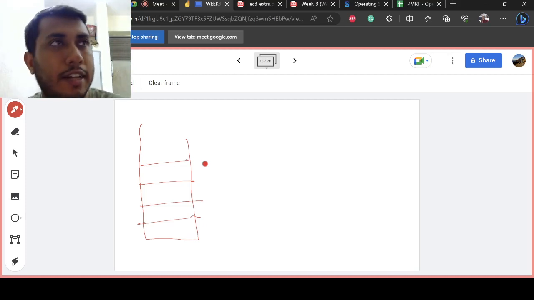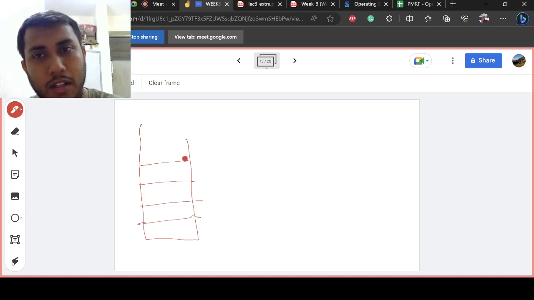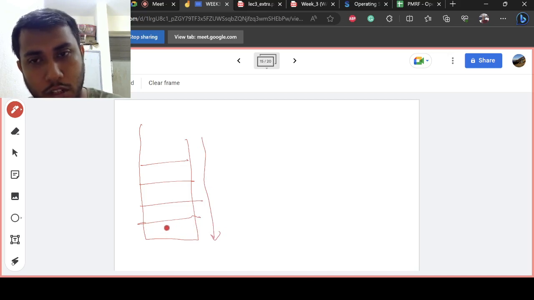A stack is a data structure where the first input, let's say 20, is stored here, 30 is stored upon it, 40 is stored upon it, and 50 is stored upon it.